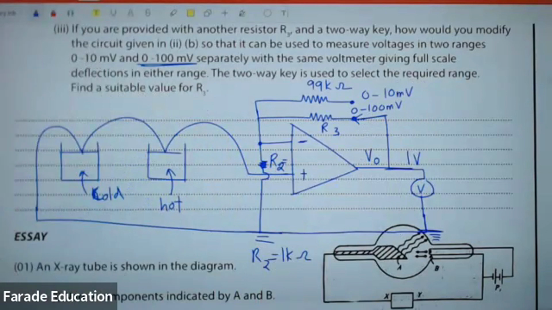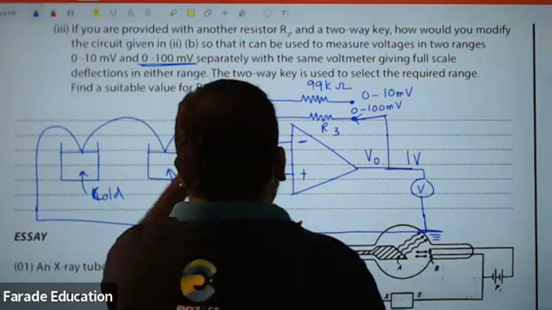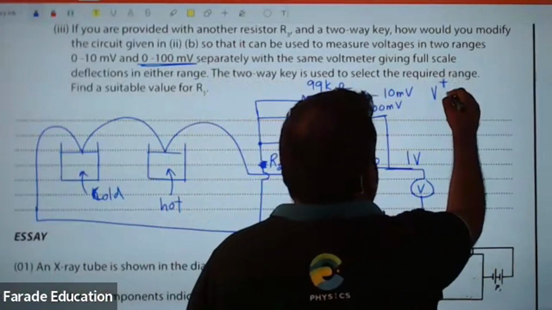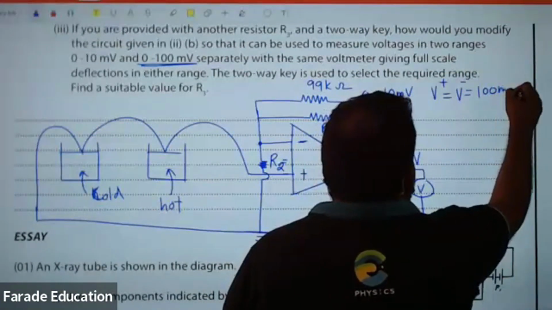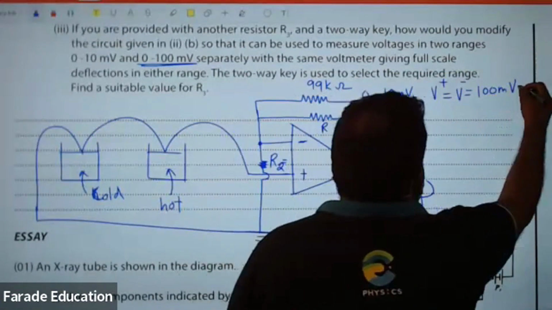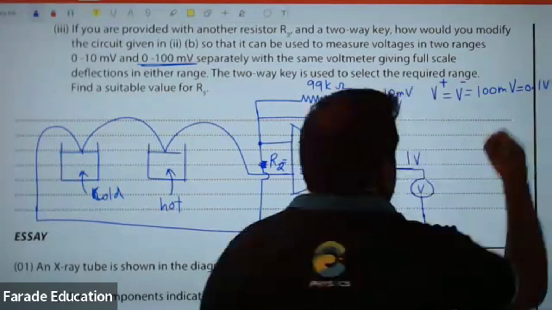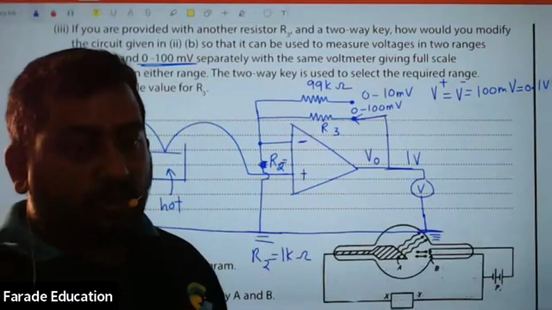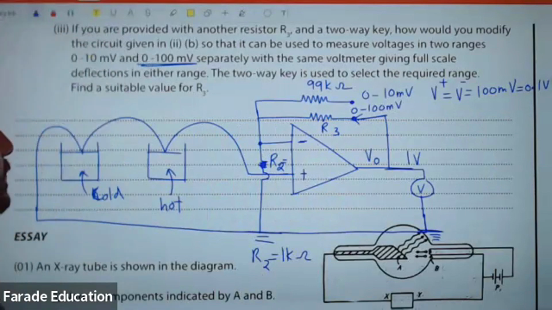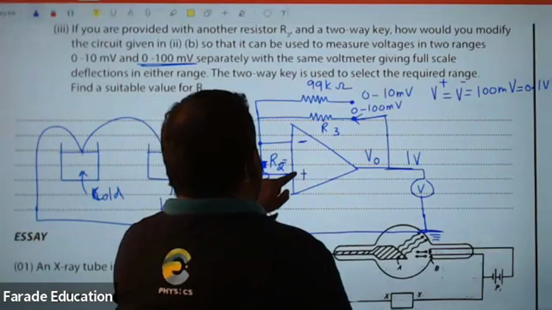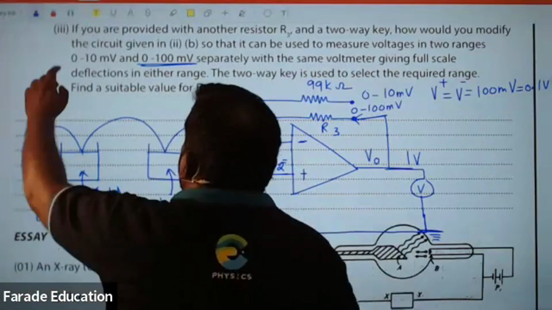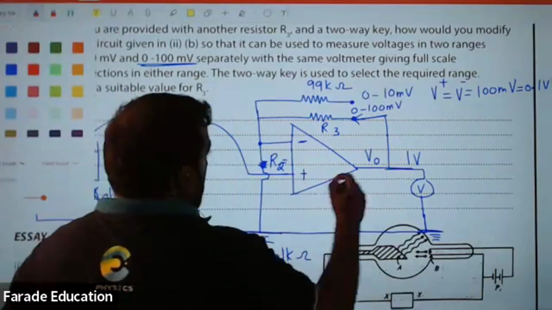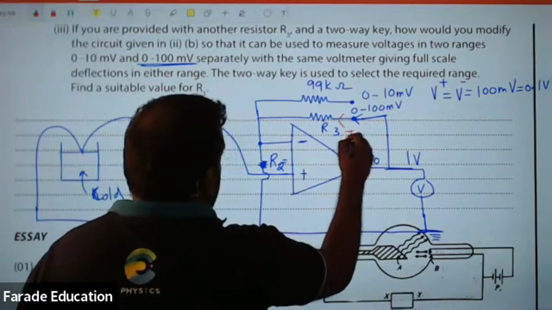Now looking at this, can you solve it? Yes, you can. V plus equals V minus equals 100 millivolts, which is 0.1 volt. So V plus is known, V minus is known. Now current is going to travel from high potential to low potential.